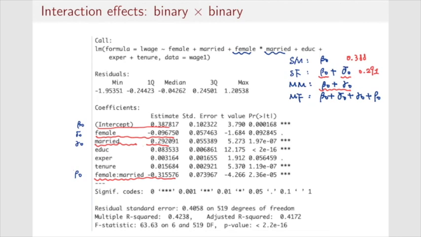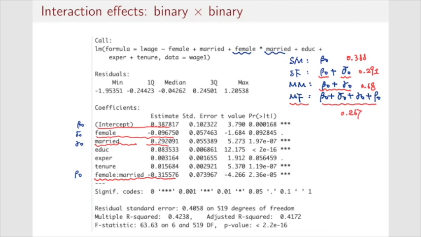The intercept for the married male is beta 0 hat plus gamma 0 hat, which is around 0.68. And lastly, for the married woman, the intercept is the sum of all these four coefficients, which is around 0.267.